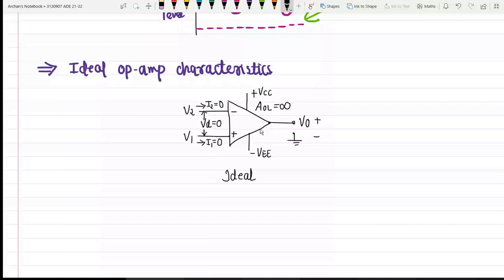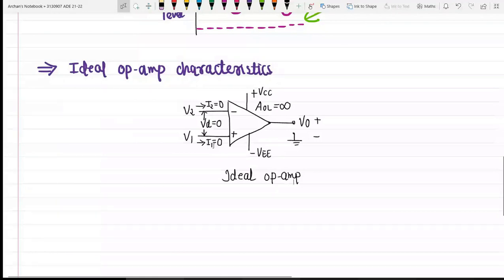Now let us take the characteristics of this ideal operational amplifier one by one. The first thing is that an ideal operational amplifier will draw no current at both the input terminals, as you can see, I1 equal to 0 and I2 equal to 0.